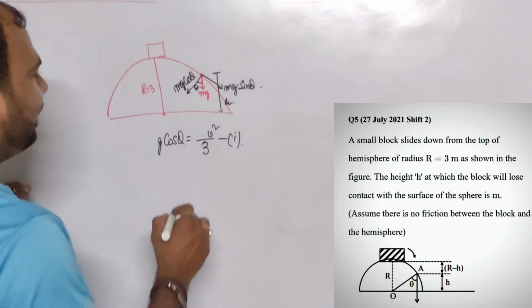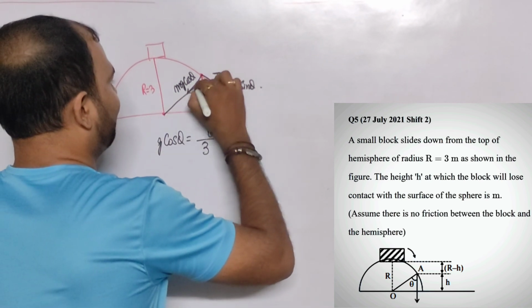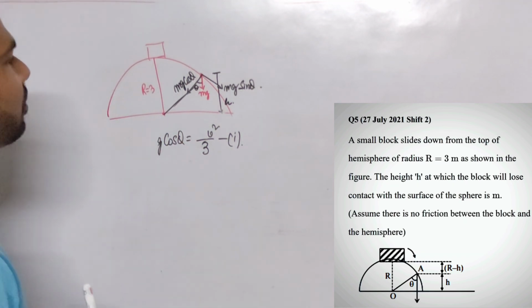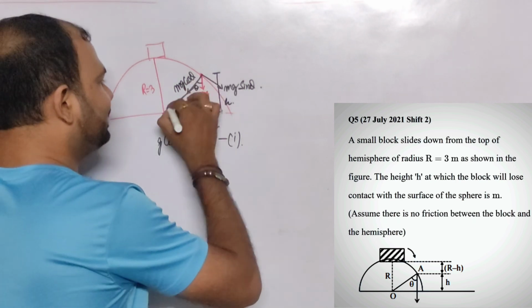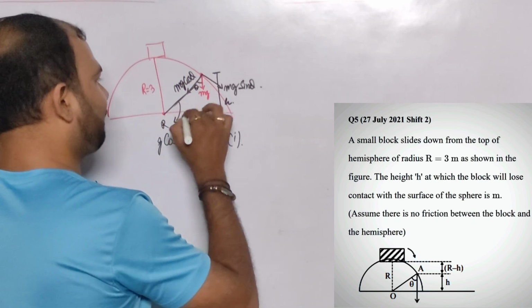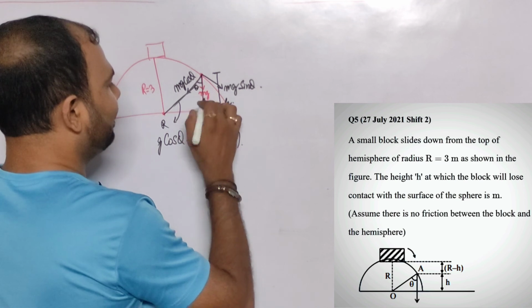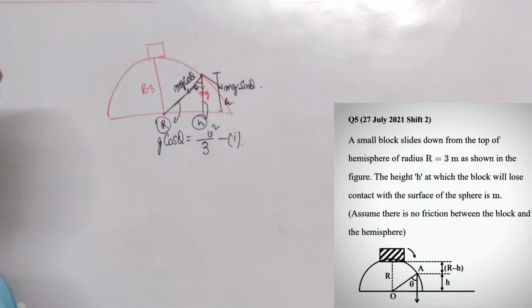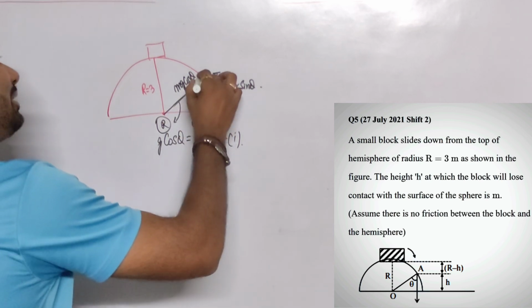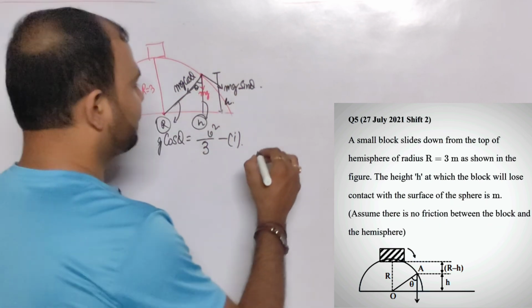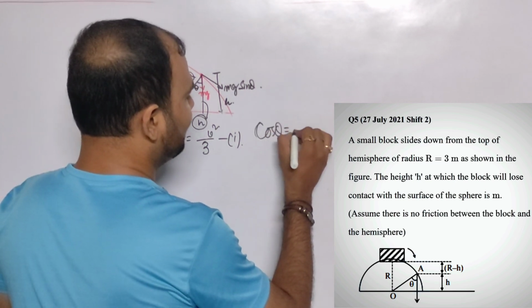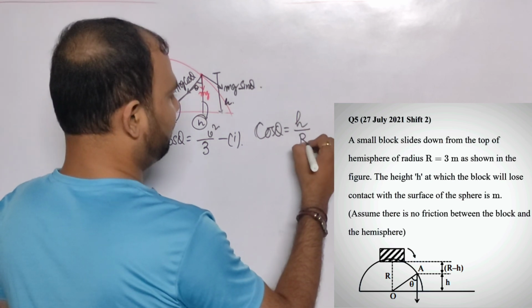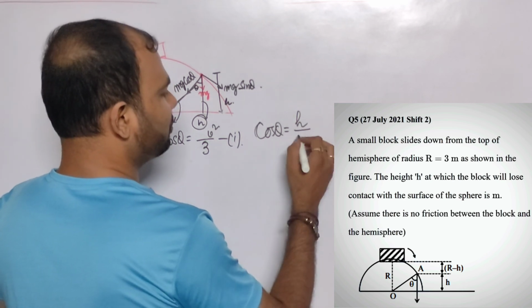Okay. If we extend the diagram and interpret it with respect to length, this length is nothing but r and this length is nothing but h. If this is theta, this is the base and this is the hypotenuse, so cos theta is equal to base by hypotenuse, that is h by r, and r is equal to 3.